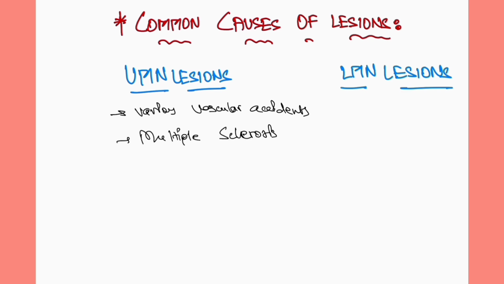In multiple sclerosis, the upper motor neuron is damaged. The most common cause of lower motor neuron lesion is viral infection. The viral infection caused by the poliovirus causes the disease poliomyelitis, and also the infection caused by West Nile virus.